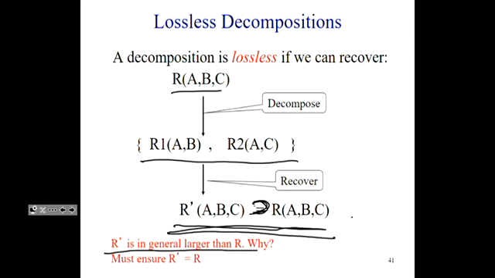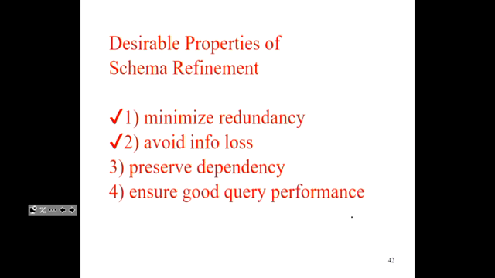R prime, like we discussed, is in general going to be larger than R, but we want to ensure that R prime is actually equal to R. Those are the types of decompositions we like. So the two properties given by BCNF are that it minimizes redundancy and it avoids information loss.